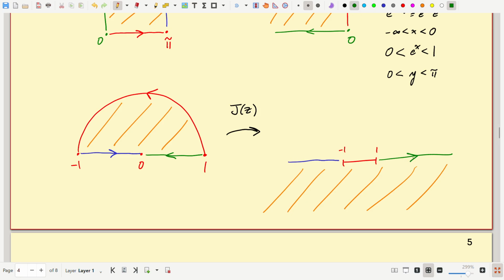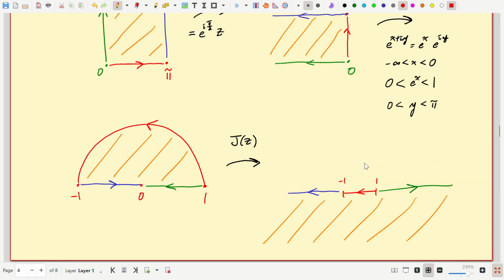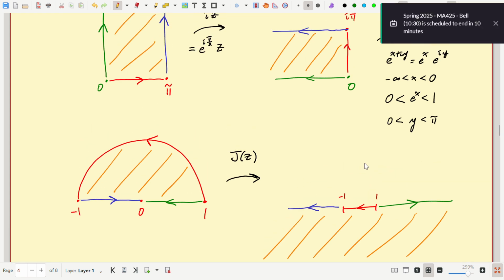Let's see if I have to care about the directions here. This one goes that way. This one goes that way. Which way does the red one go? Red one goes like that. And it's one-to-one onto. So the complex cosine maps that semi-infinite rectangle one-to-one onto the lower half plane.